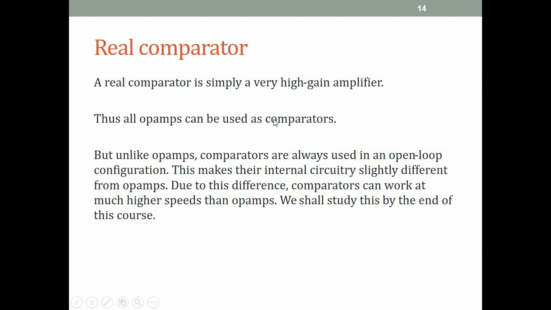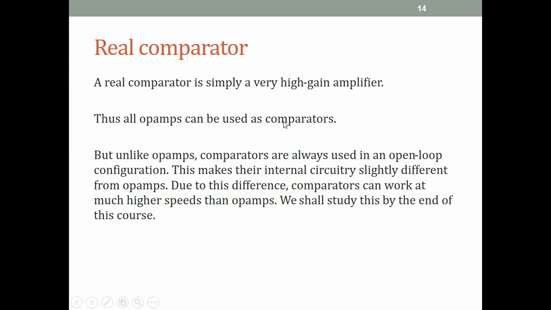When we study that, we'll see that op-amps, because they are operated with negative feedback, are slower. Their speed of operation is slower. Comparators, because they are open loop, can operate at much higher frequencies. So usually op-amps are not used as comparators, because op-amps will be slower.